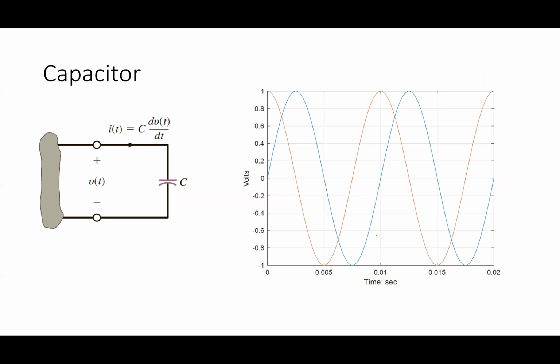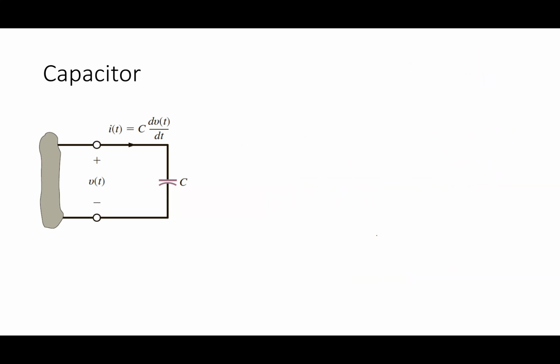So let's take this situation a little bit further. Let's say I had a different voltage source. Let's say v of t was V cosine omega t plus phi, right? And if I look at that, what's the phasor for this guy?